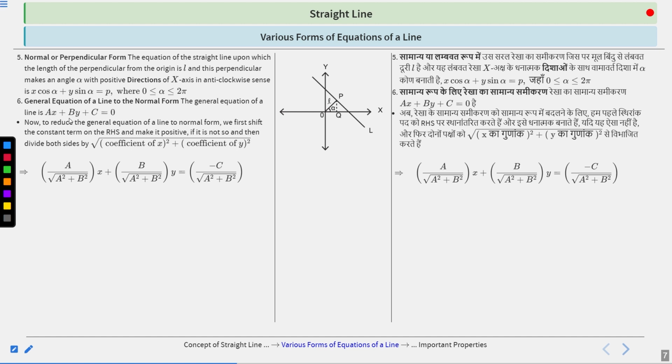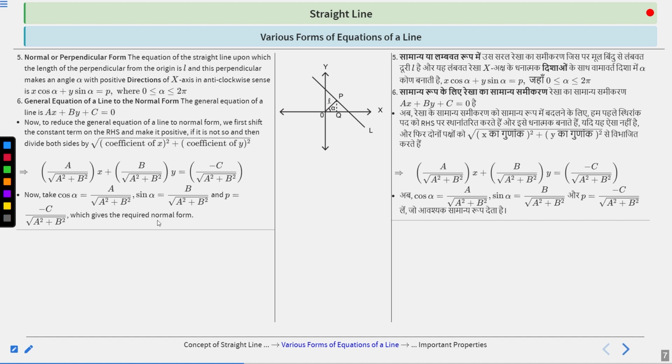The coefficient of x is a here and coefficient of y is b here. So now we divide it by root over a square plus b square: a upon root over a square plus b square into x plus b upon root over a square plus b square into y is equal to negative of c upon root over a square plus b square. Got it?